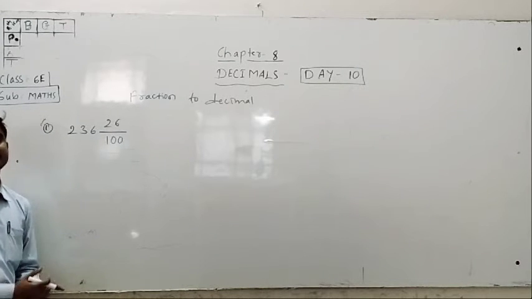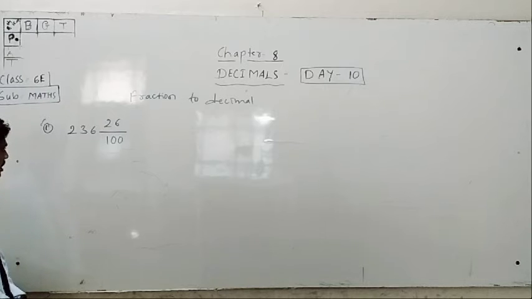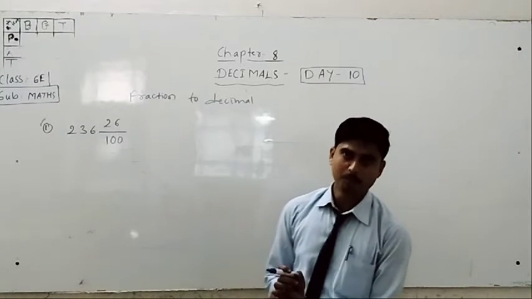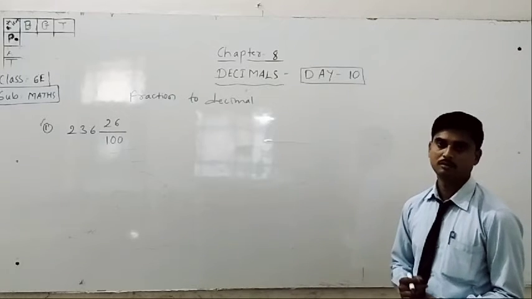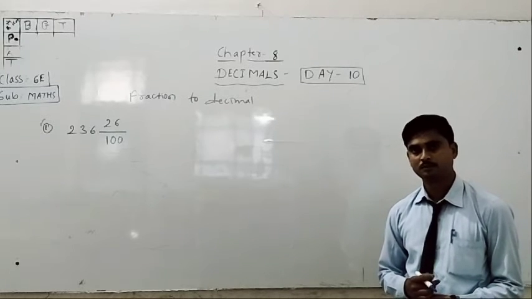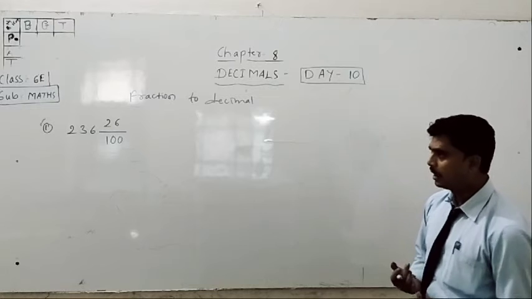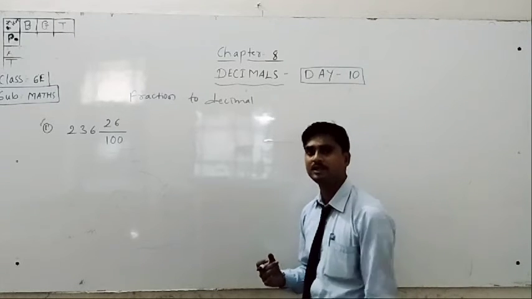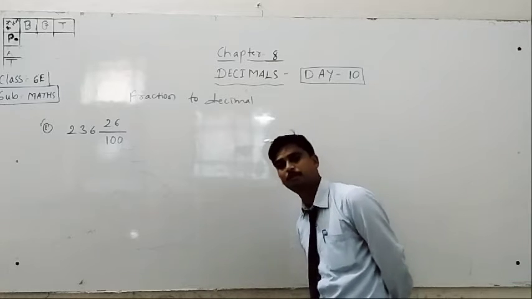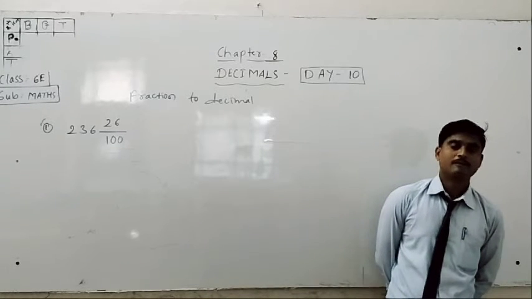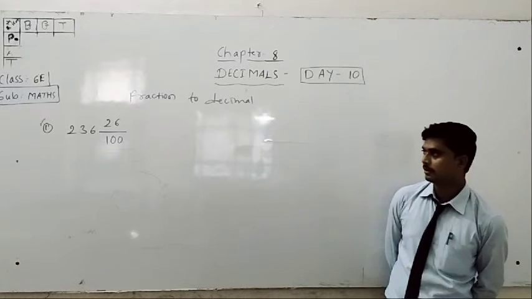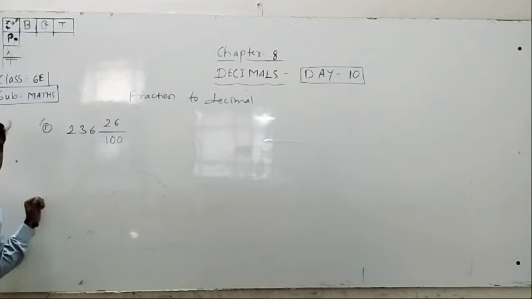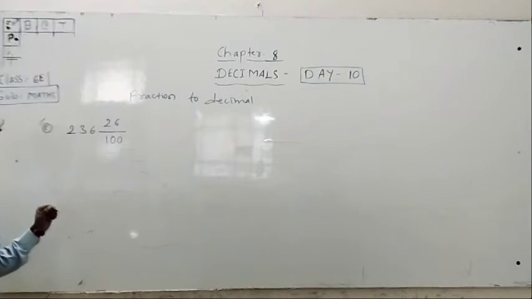Sir, it is a mixed fraction, because one whole and the combination of a proper fraction is called a mixed fraction. You have to study it in the first lesson, 7th lesson. Then don't forget that definitions are very important.